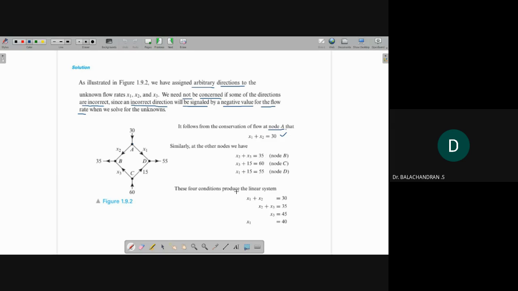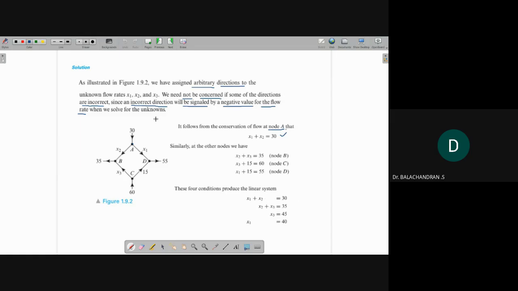So these four conditions produce the linear system. The first equation: x1 plus x2 equals 30. Second equation: x2 plus x3 is equal to 35. Third equation: x3 equals 45 directly. x1 equals 40. So if x1 is 40, x2 is minus 10.